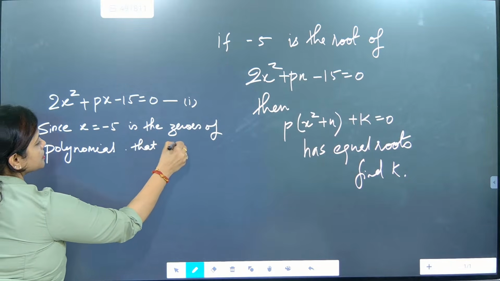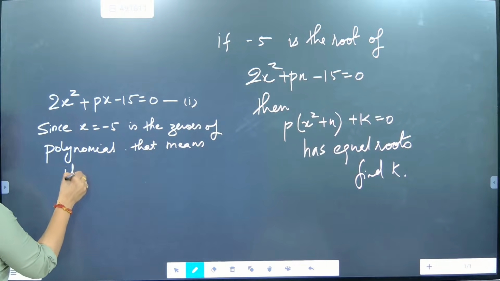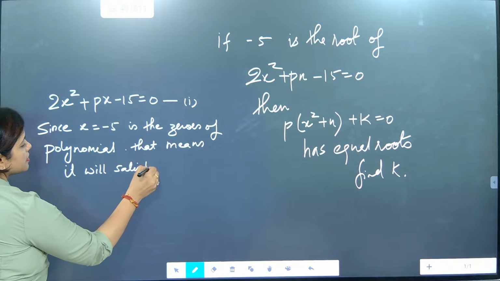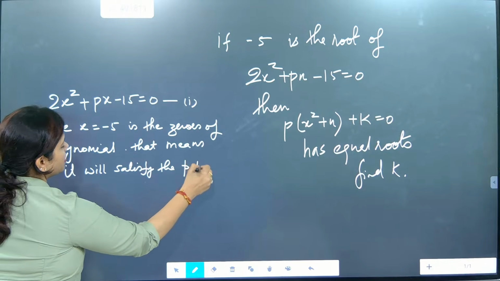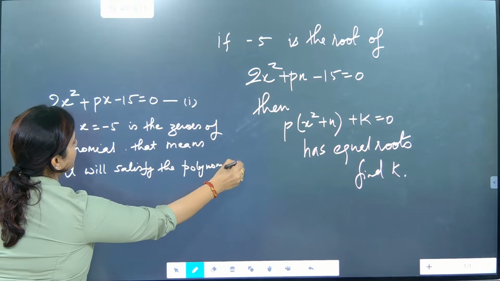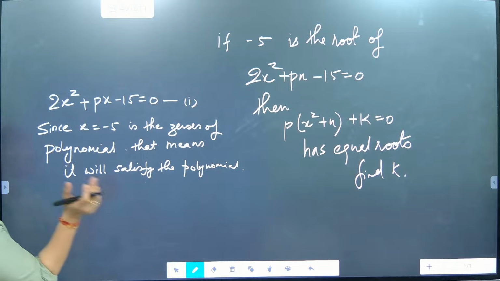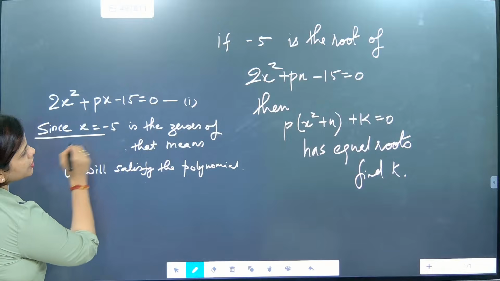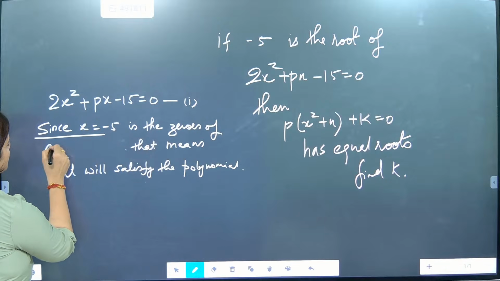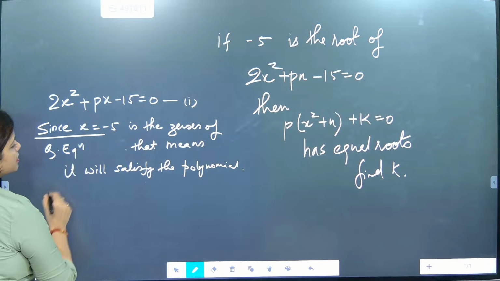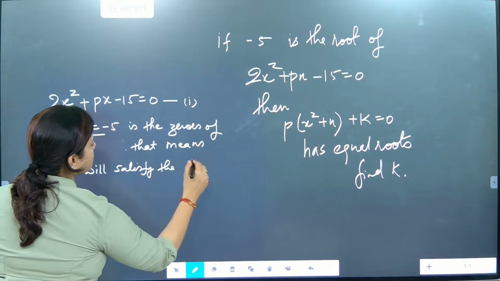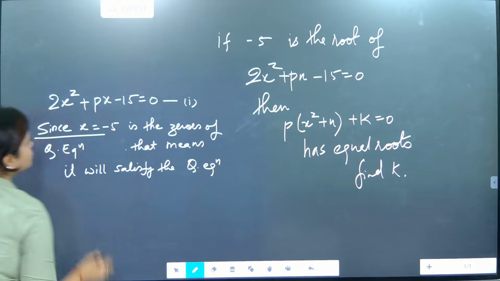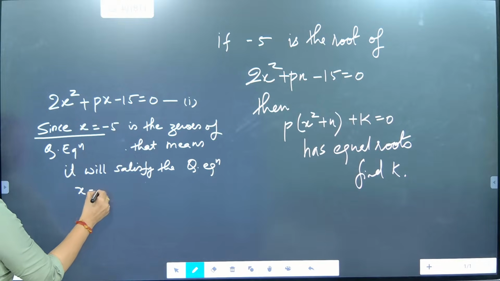Here we are solving a quadratic, so roots means the zeros of the quadratic equation. That means it will satisfy the equation and make it equal to 0. So we have to write x equal to minus 5.